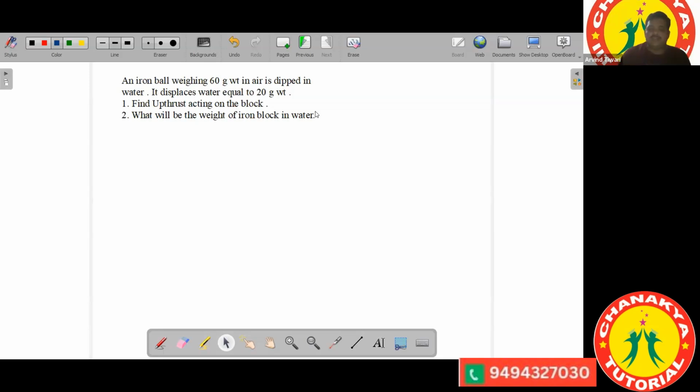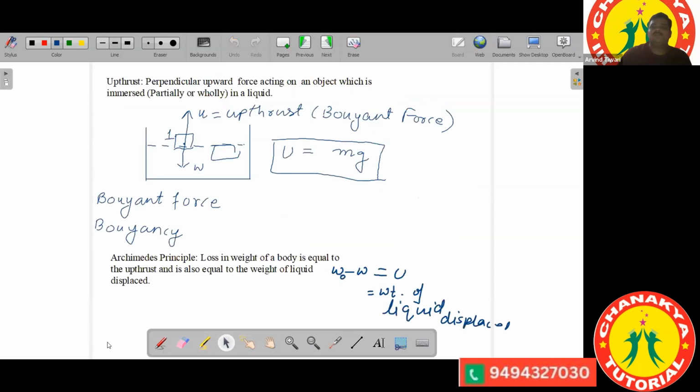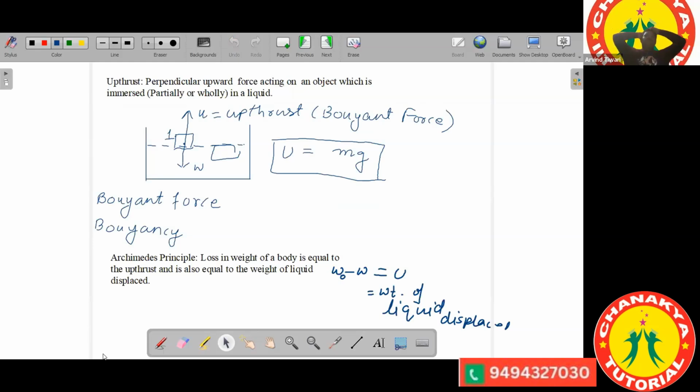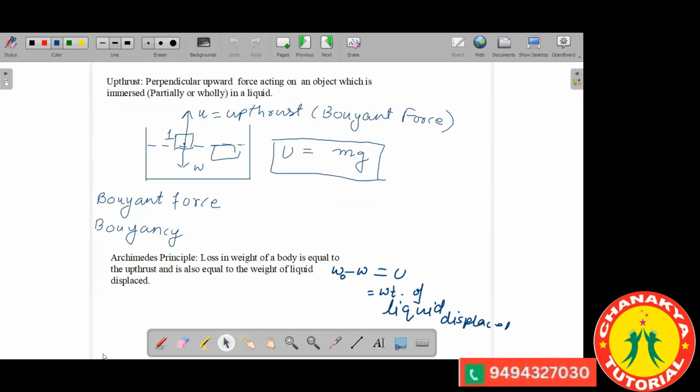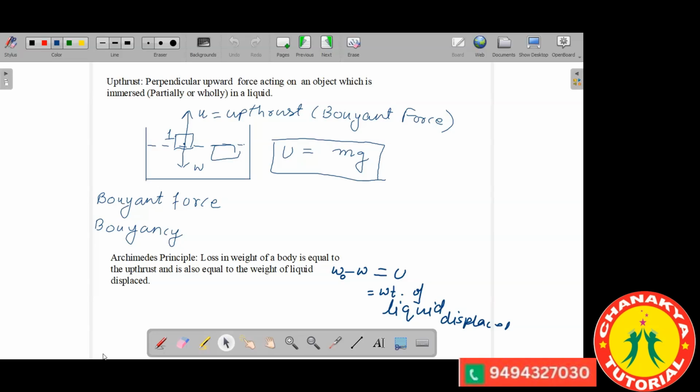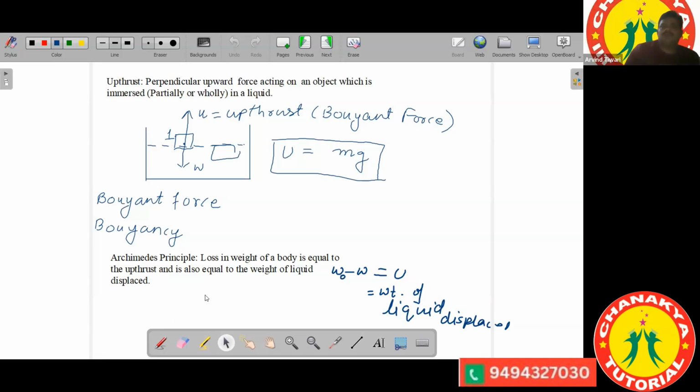Again, that's what I'm saying. See the statement of the Archimedes principle. Sir, I think it is 60 minus. What would be the answer to the first question? The up thrust is.